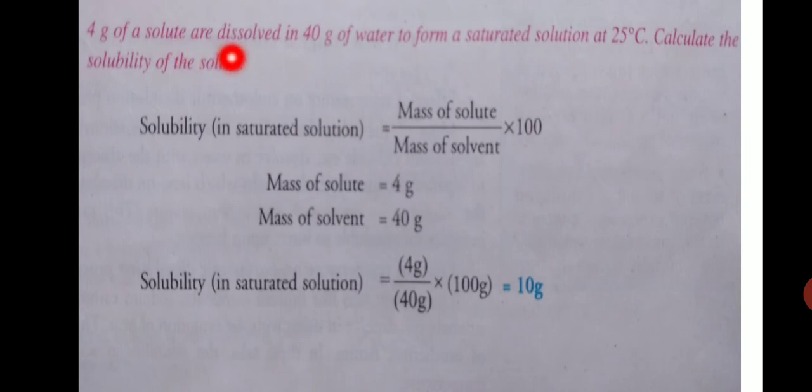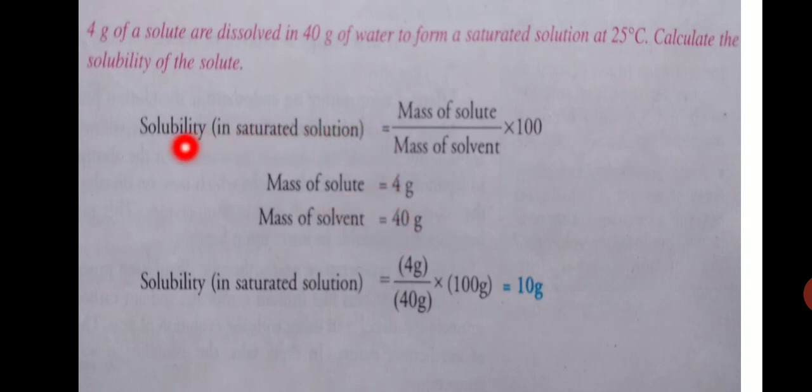Then continue reading. Dissolved in 40 gram of water to form a saturated solution. So what is 40 gram of water? It is the solvent. So this 4 gram is dissolved in 40 gram of water. What is the mass of the solvent here? 40 gram. So the given quantities are mass of the solute and mass of the solvent.